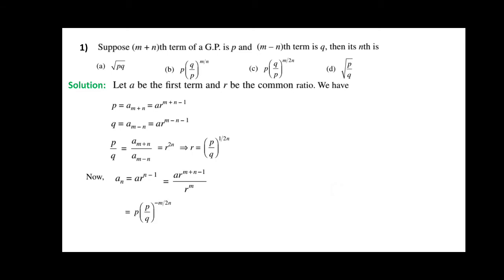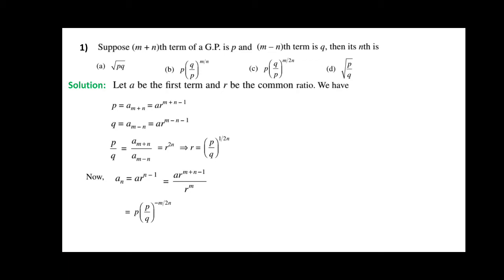Therefore we have p into, here p means a into r to the power m plus n minus 1, and r is in the denominator, so this is (p by q) whole to the power 1 by 2n. If you replace that r, then (p by q) whole to the power m by 2n. If you take it to the numerator side, that power becomes minus. Therefore p into (p by q) whole to the power minus m by 2n.